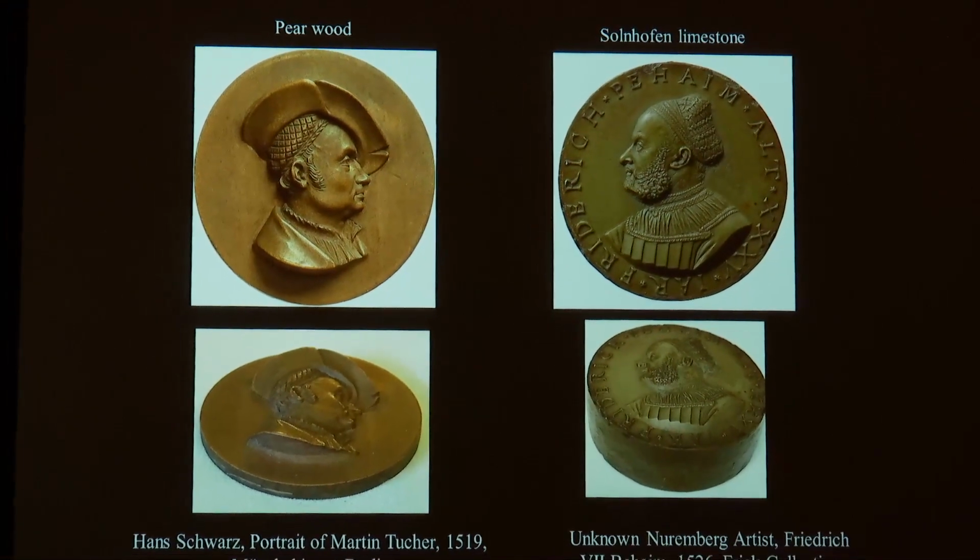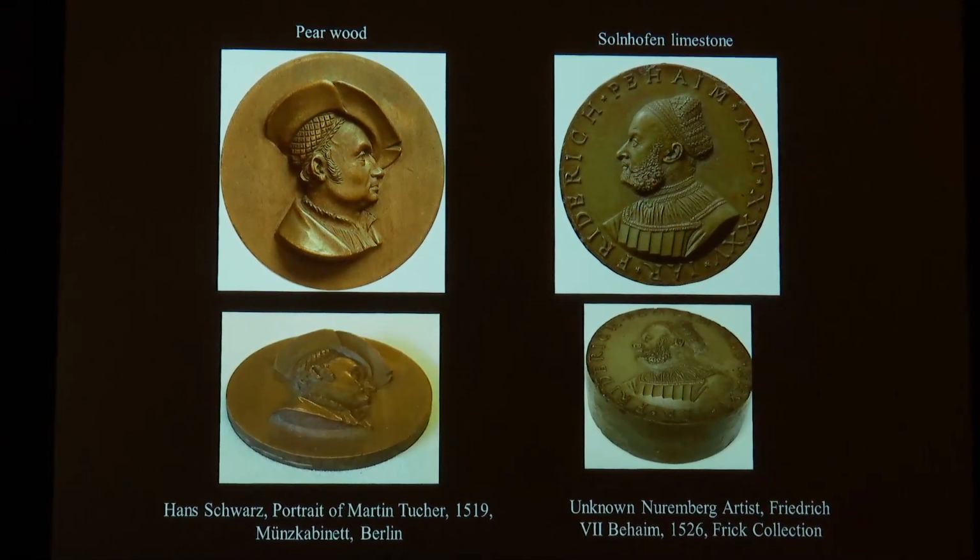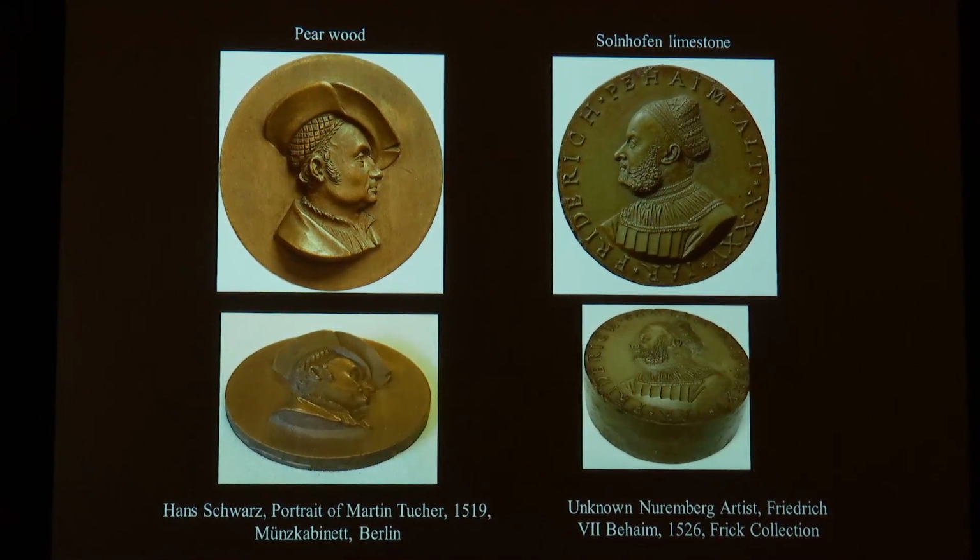The stone's ability to hold the details is notable because compared to Schwarz's wood model for the Tucher medal, the relief doesn't stand very high. Yet both wood and stone had the resilience necessary to withstand multiple imprints in the sand used to make the mold for casting the metals.